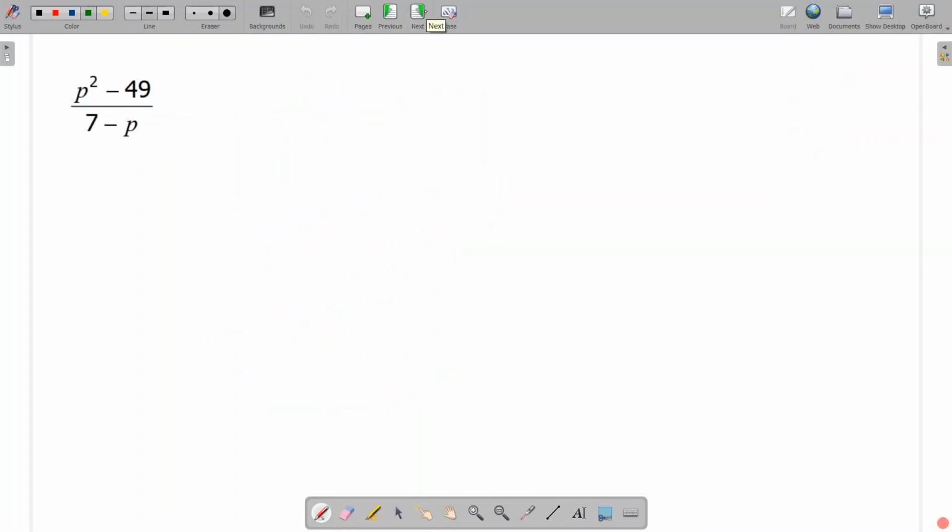Okay, this is going to be our last one here. Again, I want you to pause and attempt to simplify this rational expression. Okay, so we have a slightly different type of factoring that we need to do here. In our numerator, the p squared minus 49 is really a difference of squares that would factor into p plus 7 times p minus 7.